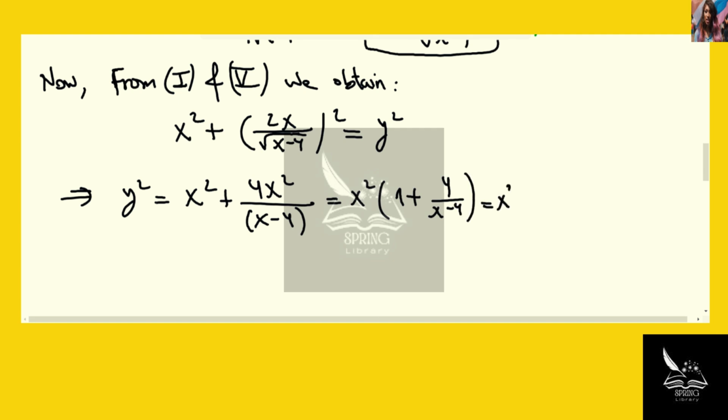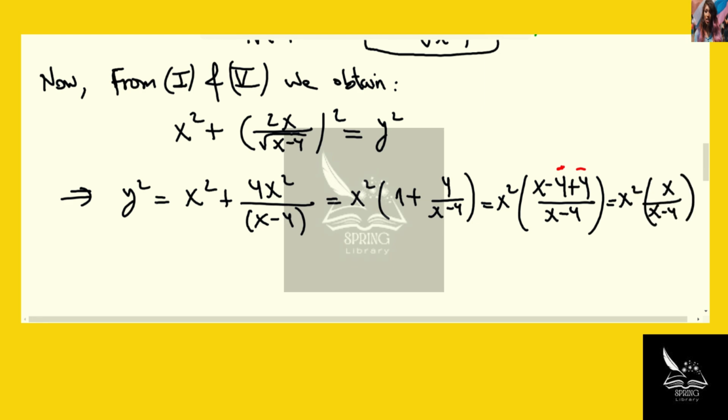That is x squared times (x minus 4 plus 4) over x minus 4. These 4s cancel here. And so we get x squared times x over x minus 4. And so y squared is equal to x cubed over x minus 4.